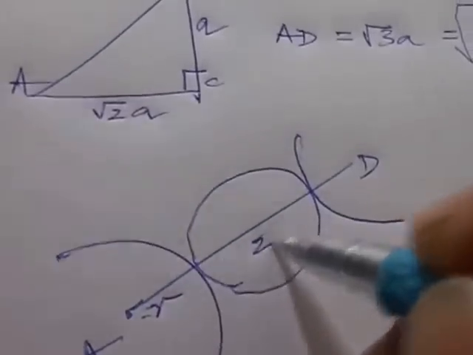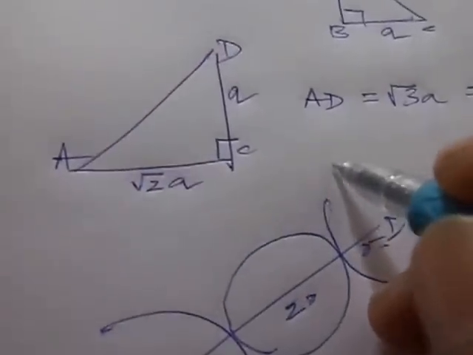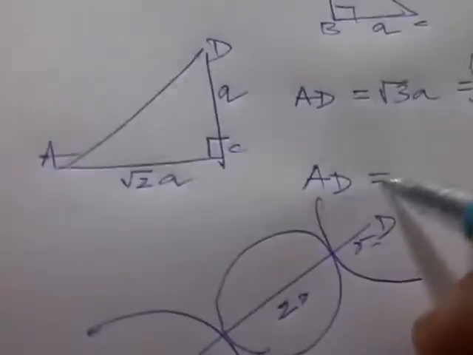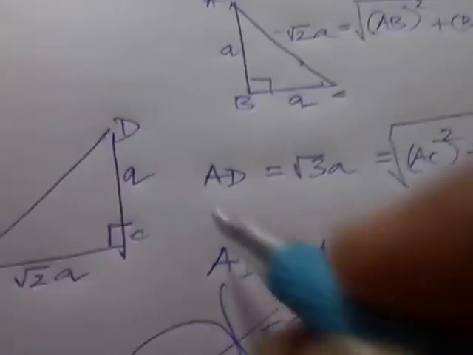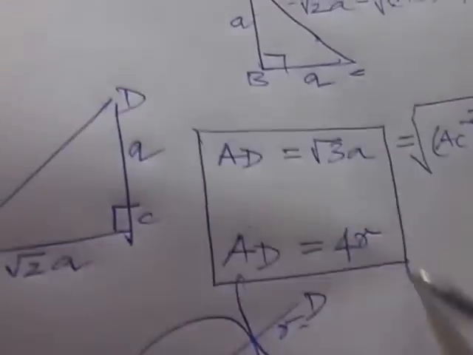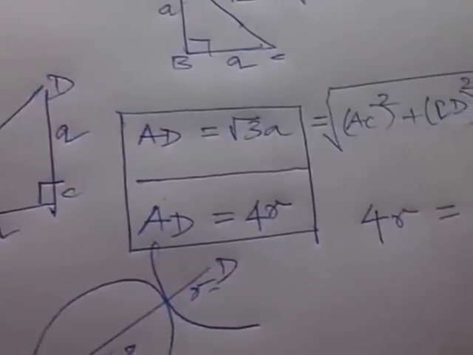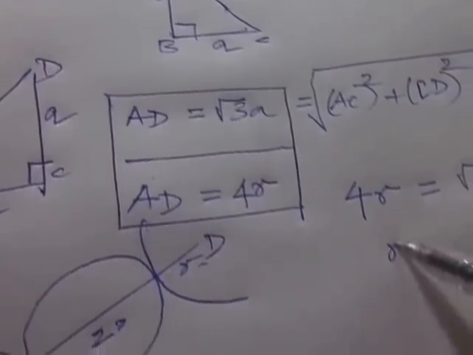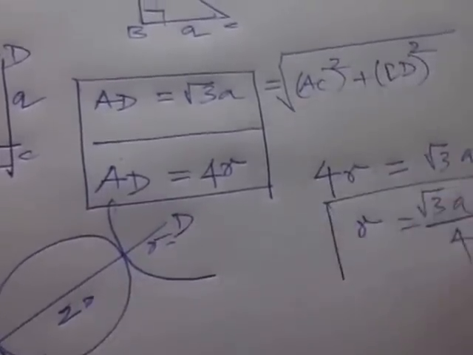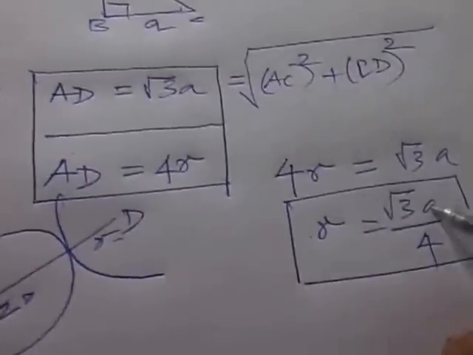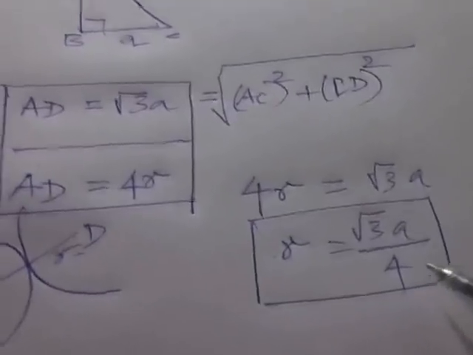This is R, 2R, R. So AD distance may also be written as AD is equal to 4R. The same AD distance earlier we have marked as root 3a. So these two may be equated. 4R is equal to root 3 into a, or R is equal to root 3a divided by 4. So we have made an expression connecting atomic radius and lattice constant, and this is substituted in our packing fraction calculation.